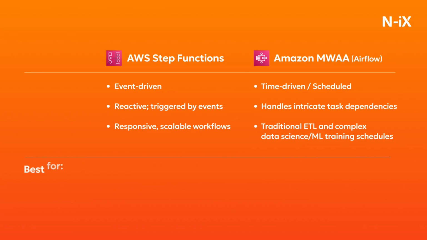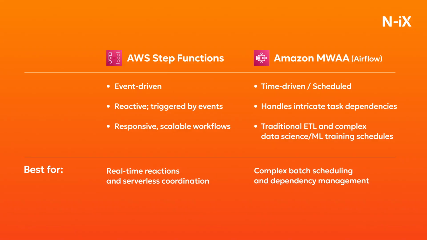It's built for traditional data warehousing ETL, complex data science model training schedules, and situations where you have a large established set of data tasks that you need to run on a predictable, repetitive schedule. So, put simply, Step Functions shines in real-time reactions and serverless coordination. MWAA shines in complex batch scheduling and dependency management.